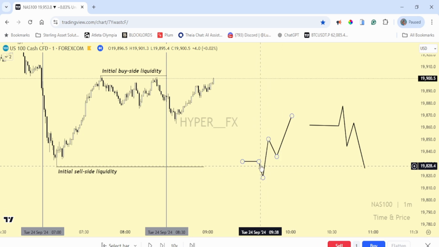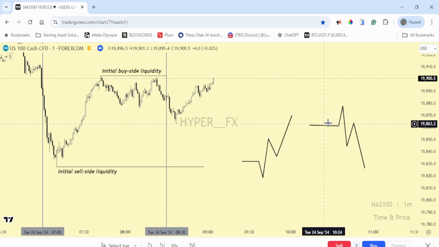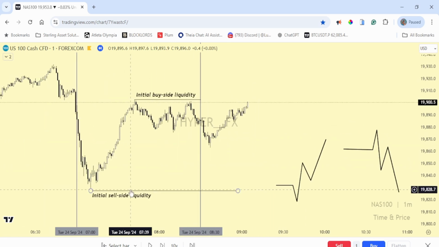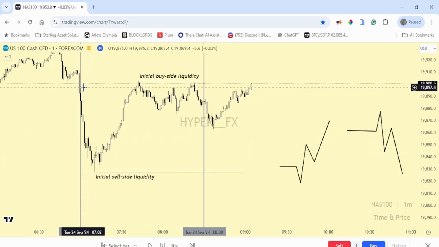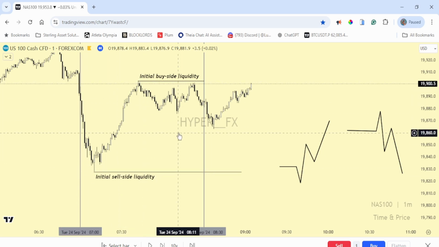So the initial low that is taken in the case of a bullish position, and the initial high that is taken in the case of a bearish position, is what you are seeing here, because this is where we start to mark our day, 7 o'clock a.m. So we are waiting for this and this to be taken.